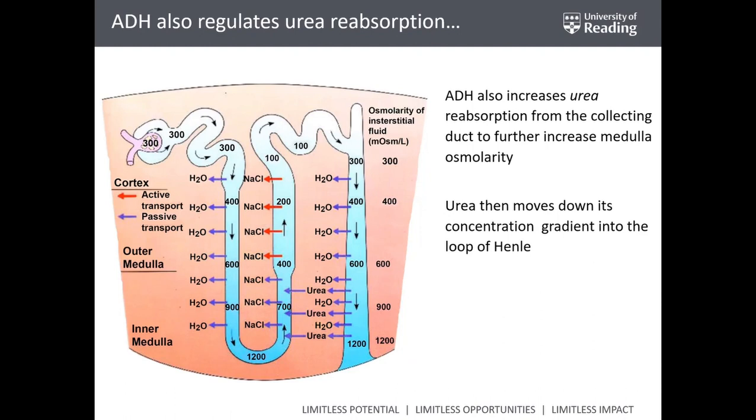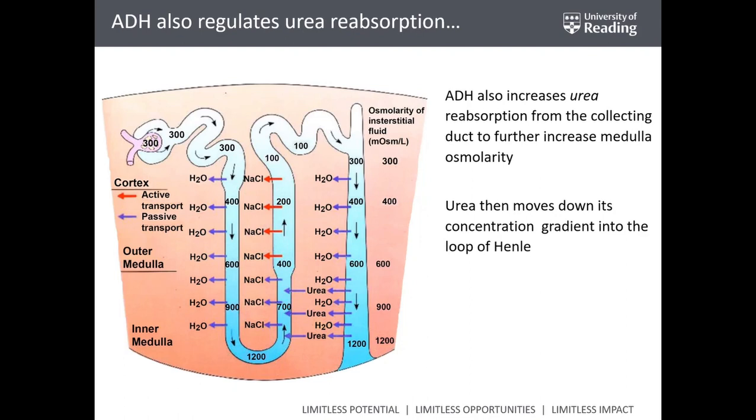So ADH also increases urea reabsorption from the collecting duct. Urea is one of those things that we want to remove, but ADH uses urea as a trick to reabsorb more water, right? So we privilege the reabsorption of water to the excretion of urea in presence of ADH.